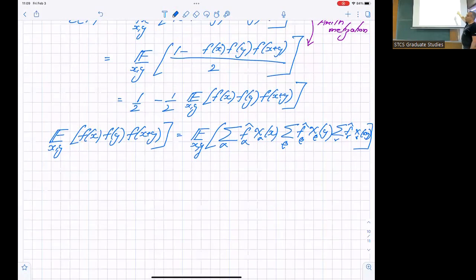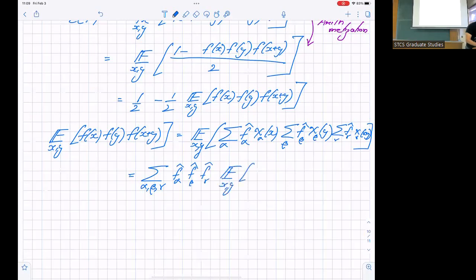The expectation can go into the summation. So I'm going to write this as summation over alpha, beta, gamma, f hat alpha, f hat beta, f hat gamma, expectation over x, y of chi alpha x, chi beta y, chi gamma x plus y.